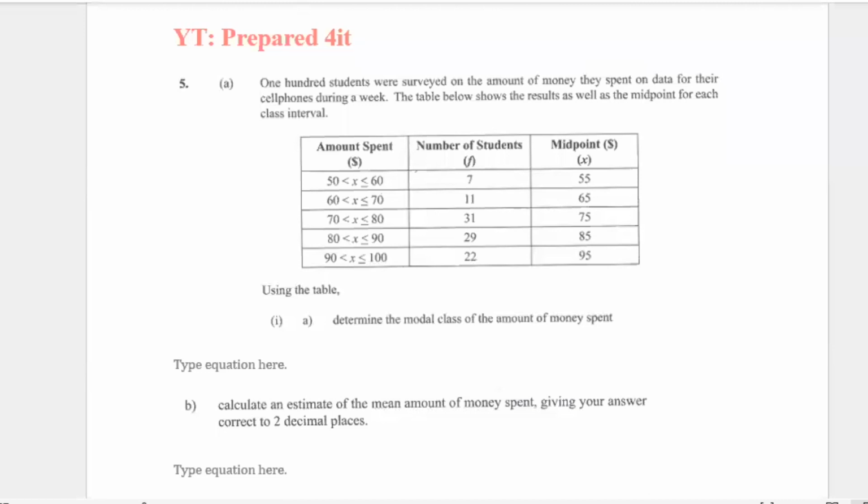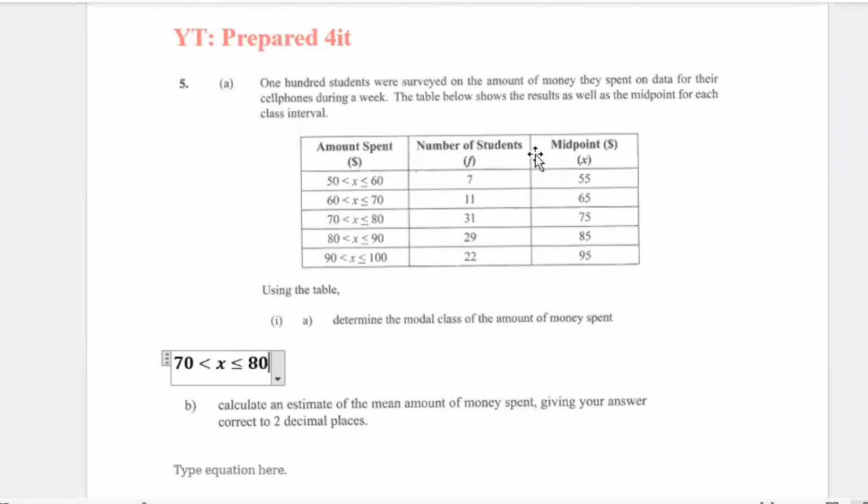And remember, mode is looking at the one with the highest frequency. What is our modal class? Very good, most frequency. So which class is that from our graph? $70 is greater than X, which is less than or equal to 80.